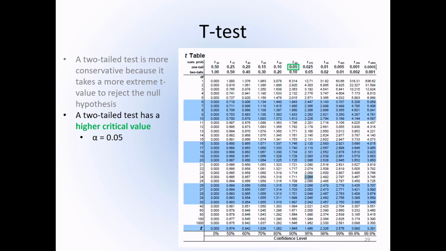But for a two-tailed test, we would move to the right one column because of that shift from focusing on one side of the curve to focusing on two sides of the curve. Now, in our particular example, we would then determine what our degrees of freedom are, which are going to be n minus 1. So if we have 6 dolphins that we've taken the weight of, this would be 5.